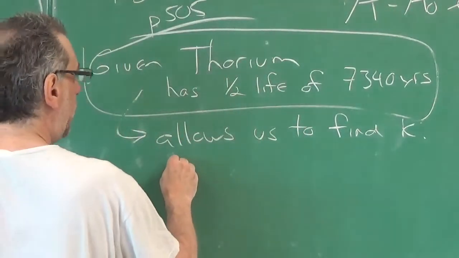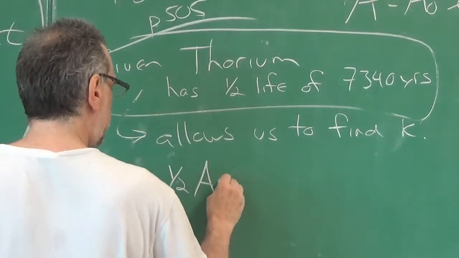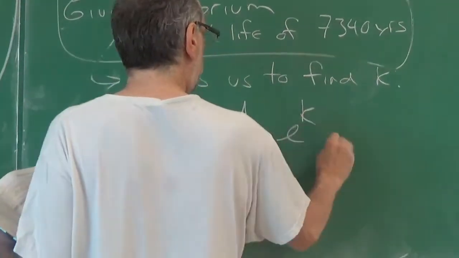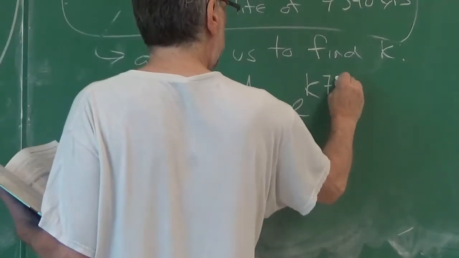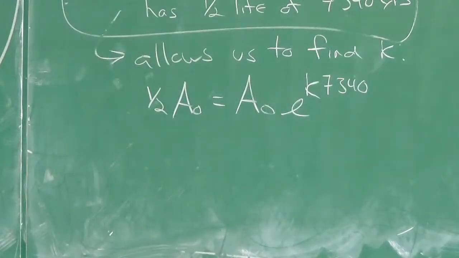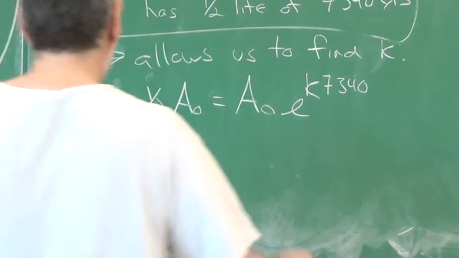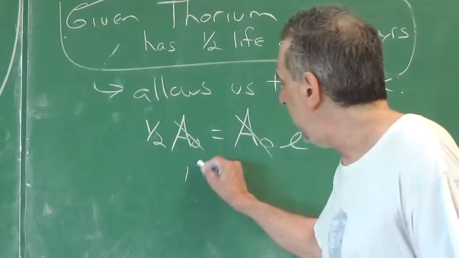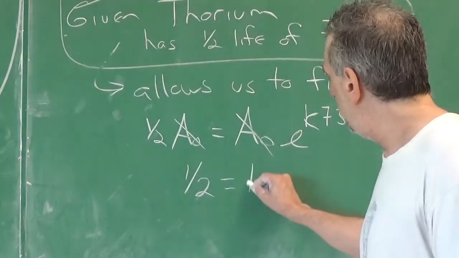So we know half of the original amount equals the original amount times e raised to the k times t. That allows us to solve for k. Again, we don't care what the original amount is. We're just looking for that rate of decay.